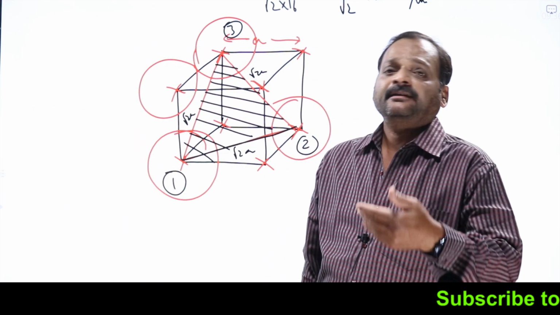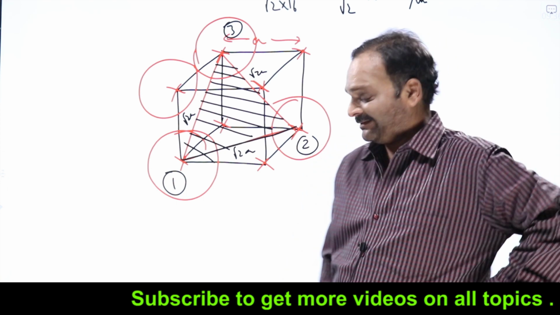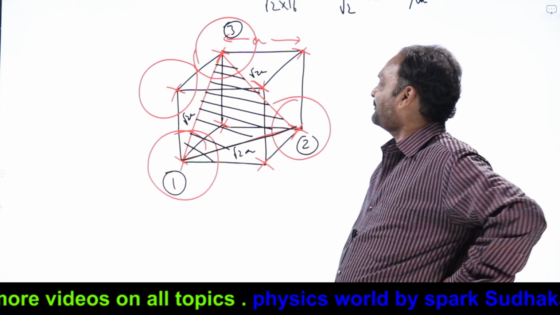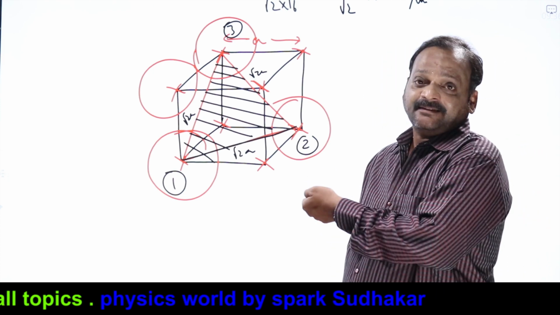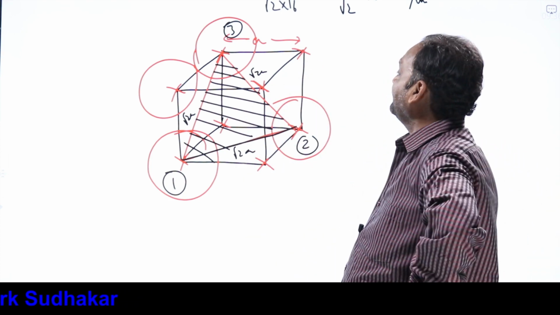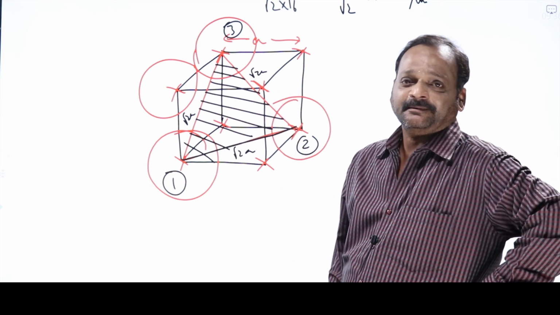What is the area of an equilateral triangle? Just guess. A little bit of geometry knowledge is required here. Otherwise we have to calculate half base into height. If you remember the area of an equilateral triangle, problem solving becomes quick.